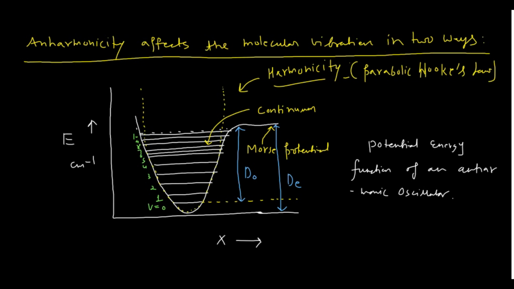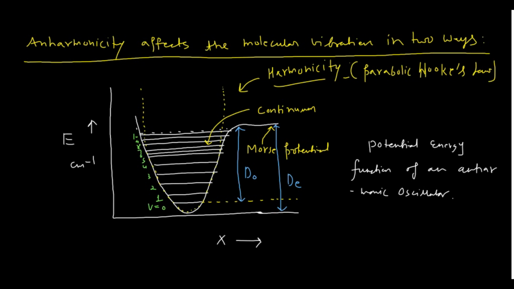To explain this effect of the anharmonicity on the molecular vibration, we need to understand the potential energy function of an anharmonic oscillator. So this is the potential energy function of an anharmonic oscillator.